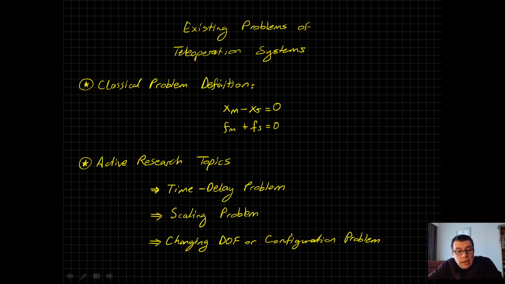So the compensation of those differences is also another problem, because eventually what you want is to map the forces and positions one to one. That one here, x master minus x slave and f master plus f slave, is the fundamental goal for any teleoperation system, even if the degrees of freedom are changing or the configuration between the master and slave robots is changing.